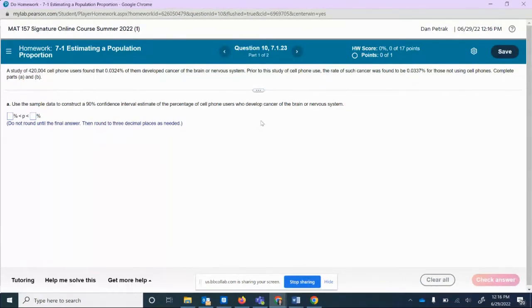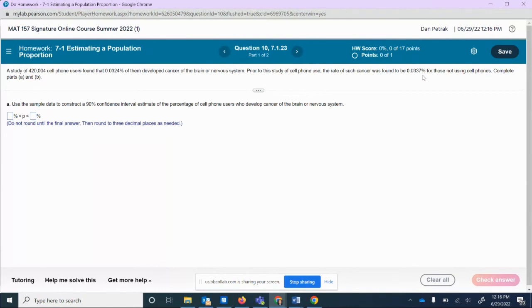Sounds good to me. All right. So our null hypothesis is what we think would be the population proportion. So our null hypothesis here would be P equals 0.000337. We believe the population proportion, in general, of people in this area, United States or wherever, with cancer of the brain or nervous system.